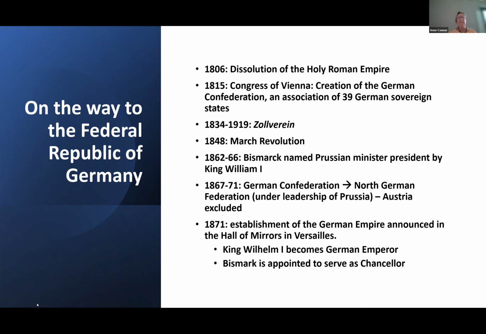What is really interesting, going against the grain of the creation of the German Confederation, is the creation of the Zollverein. The Zollverein is almost like a common market, if you want, that was much earlier than the EU's, that tried to organize common tariffs for the customs, and some commercial treaties with others.